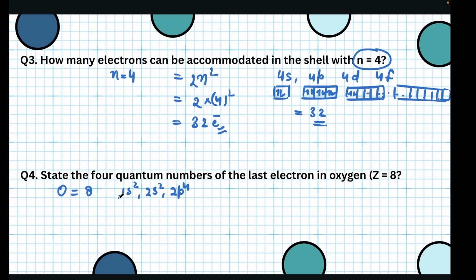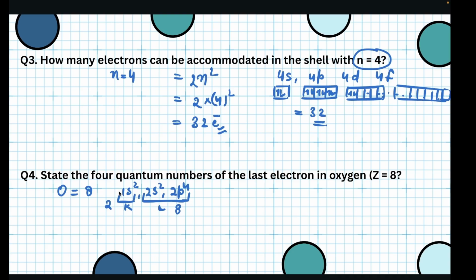That is, this is the first shell and this will be the second shell, K and L. The maximum number of electrons in the first shell will be 2 and the maximum number of electrons in the second shell is 8. So we will start filling electrons from the first shell.